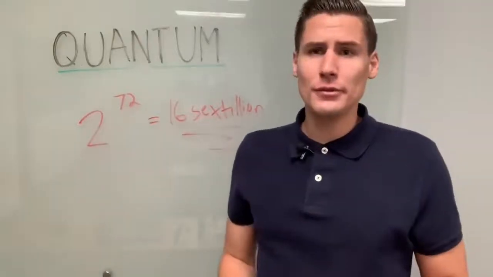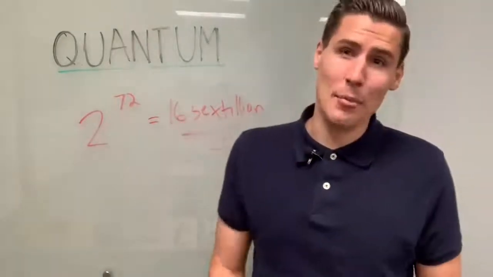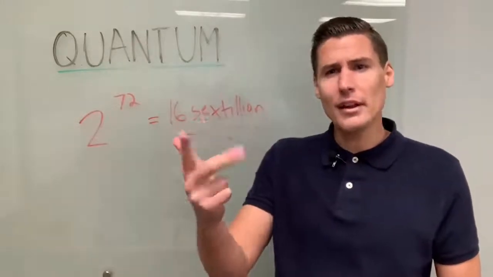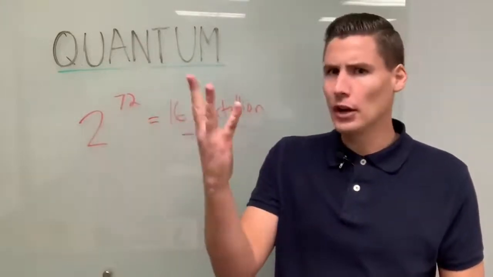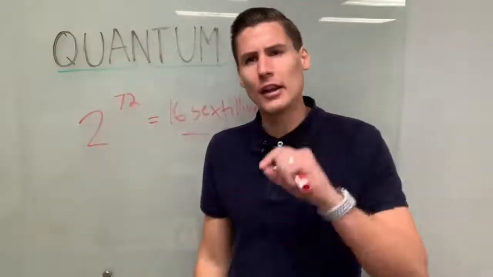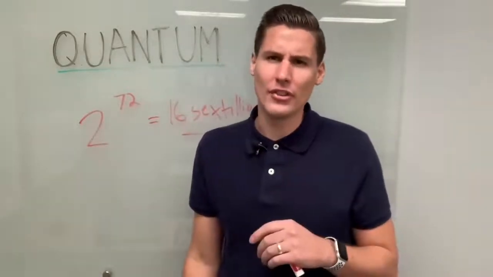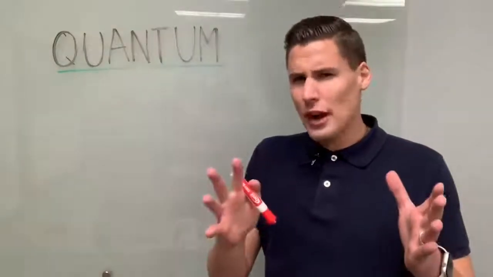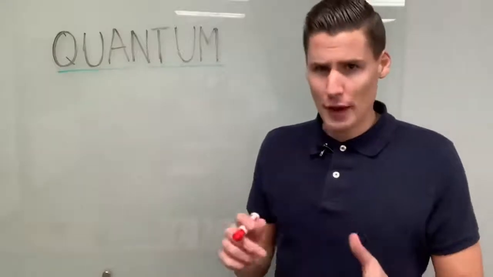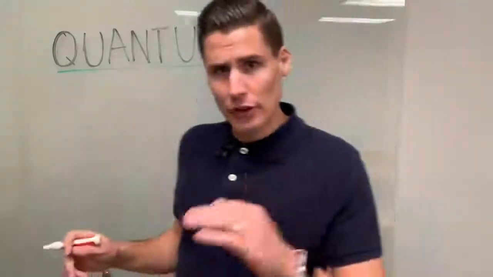But that's not true. I actually didn't make that number up. A sextillion is totally a real thing. It goes million, billion, trillion, quadrillion, quintillion, sextillion. Right? Because sext is the Latin word for six. So again, just to try to help you wrap your head around how unimaginably huge that number is, let's write that out. We're going to start over here.